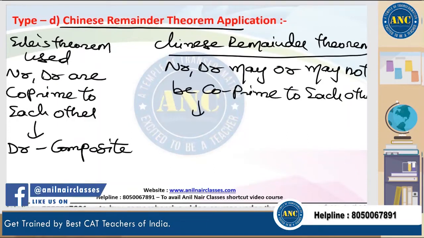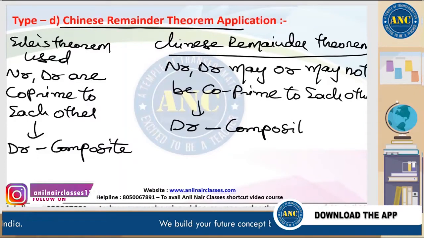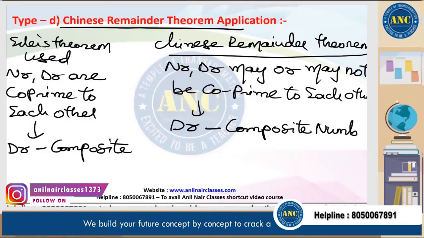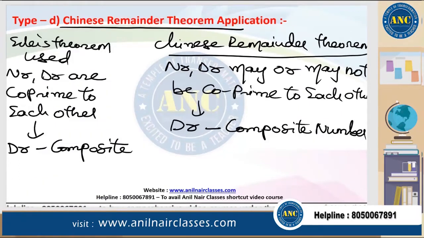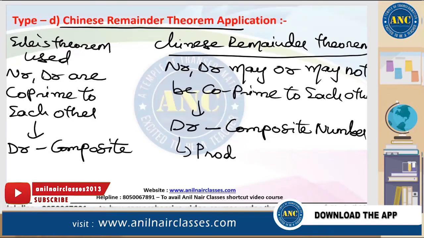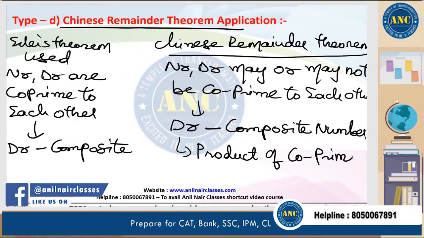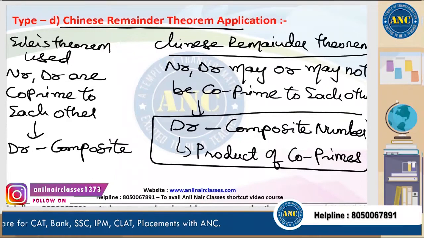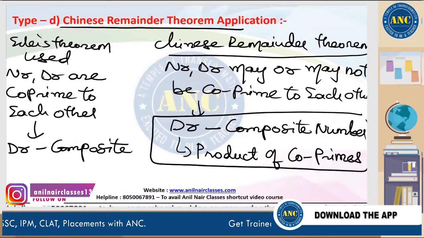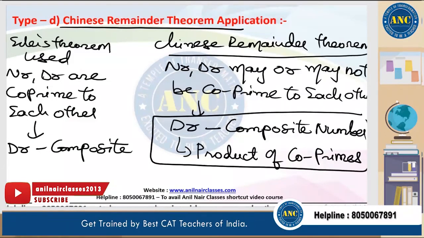Second point: this theorem is also used when the denominator is a composite number. To overcome the challenges of Euler's theorem, Chinese remainder theorem is used. If the denominator is a composite number, write the composite number as a product of co-primes.